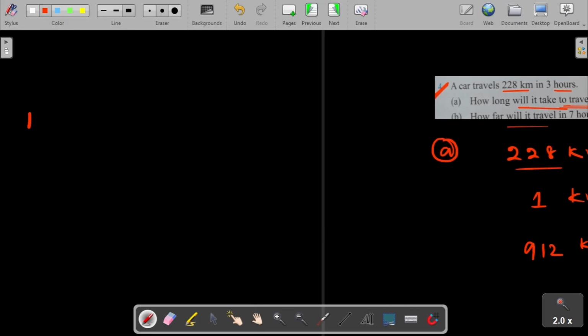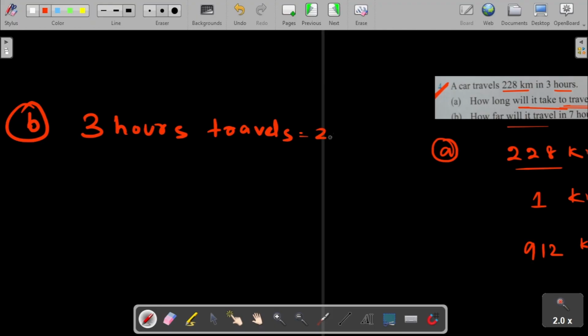B part: in 3 hours it travels 228 kilometers. So in 1 hour it travels 228 divided by 3 kilometers.